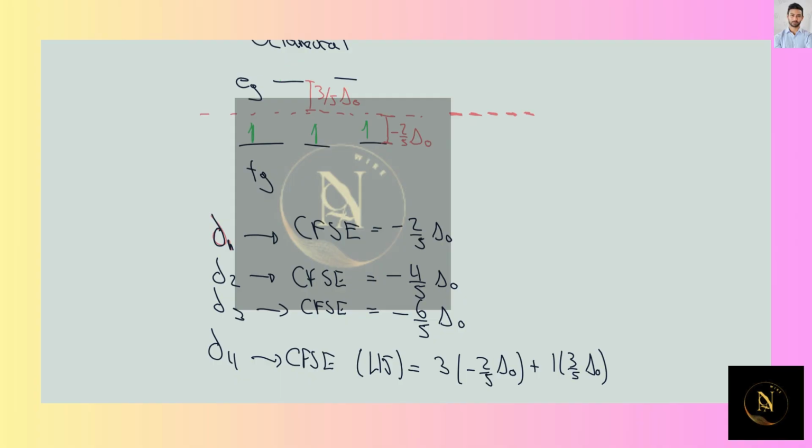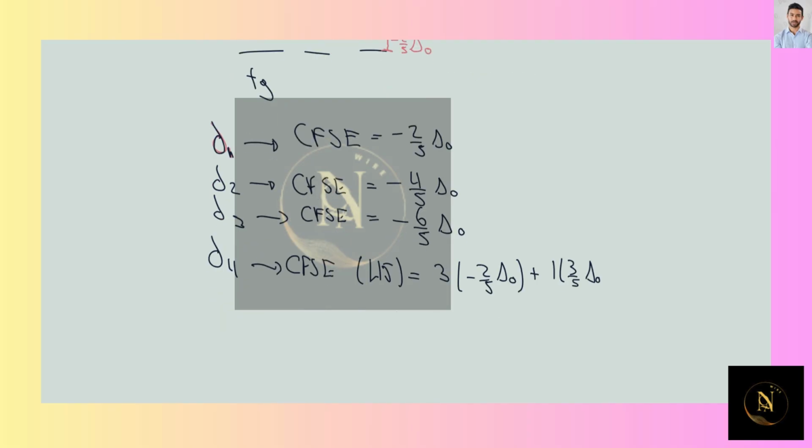Okay, so in this case, the stabilization energy is going to be minus 6 fifths plus 3 fifths, would be minus 3 fifths of delta naught.